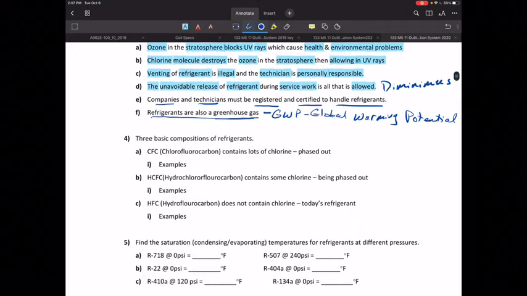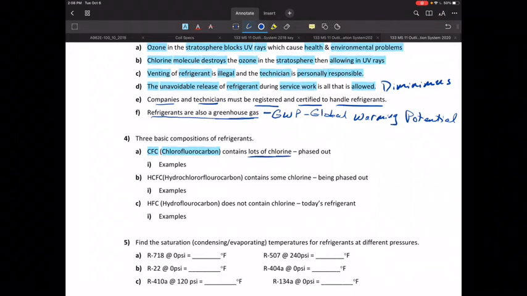Okay, so let's take a look at the last few things here. The next one I'm going to get into is essentially the basic components of refrigerants, and I'd like to identify 3 different refrigerant types. One of them is called CFCs. CFC stands for chlorofluorocarbons, and these are, I would say, the worst of the refrigerants used because they contain a lot of chlorine.